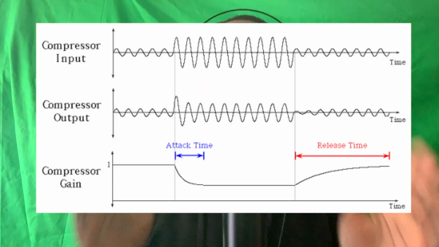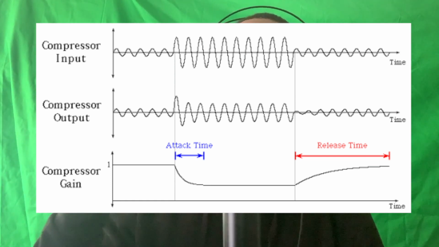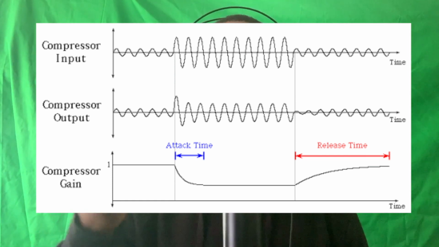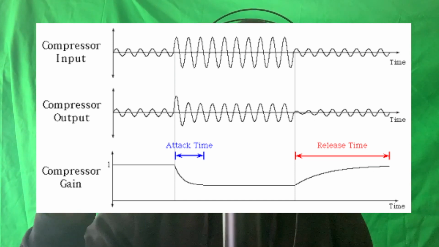If your attack is not fast enough, your audio won't compress, even if you do have the threshold and the ratio. If you turn the threshold knob up, it's actually decreasing, and with the ratio, obviously, you're increasing the ratio.